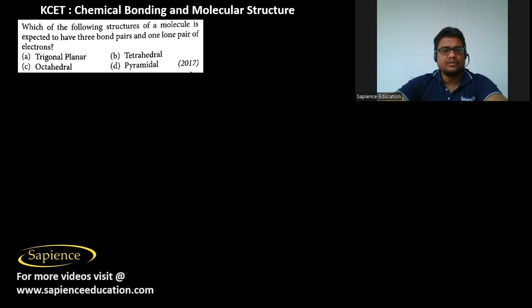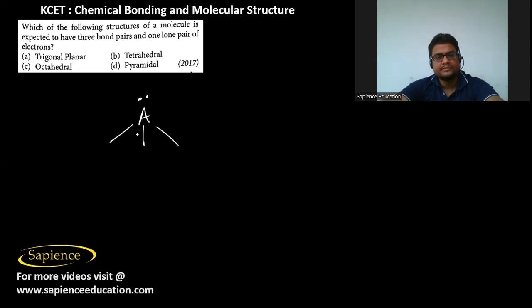Then here it is told which of the following structures of a molecule is expected to have three bond pairs and one lone pair of electrons. So three bond pairs are formed and one lone pair is formed. So it is formed in the case of AB3E type molecule.